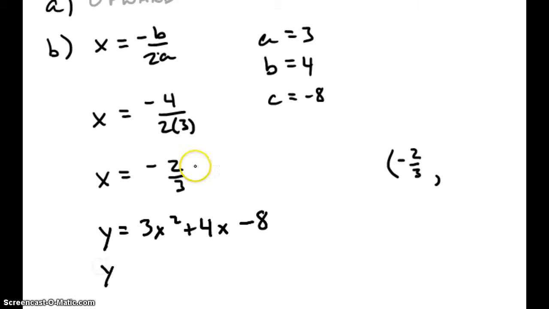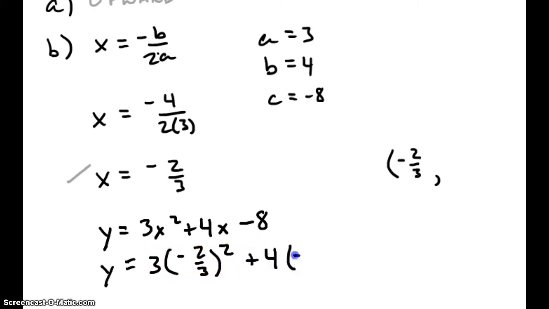I'm going to substitute in this guy right here, and I get y equals 3 times negative 2/3 squared. I'm going to square this entire thing, and then I'm going to multiply by 3. Remember your order of operations. 4 times negative 2/3 minus 8.